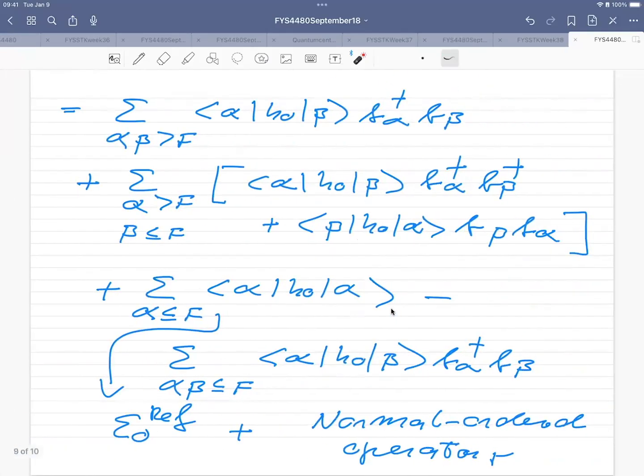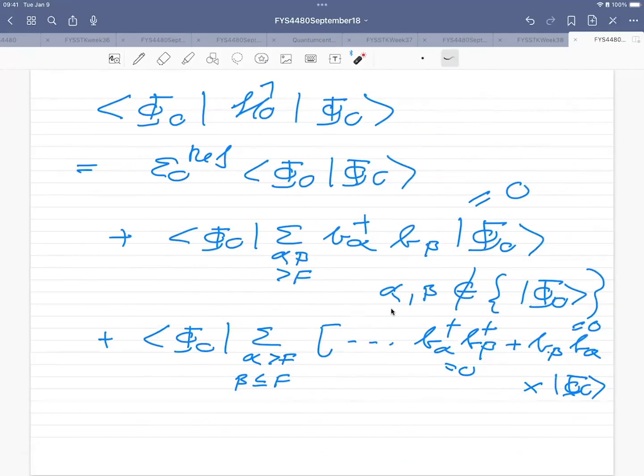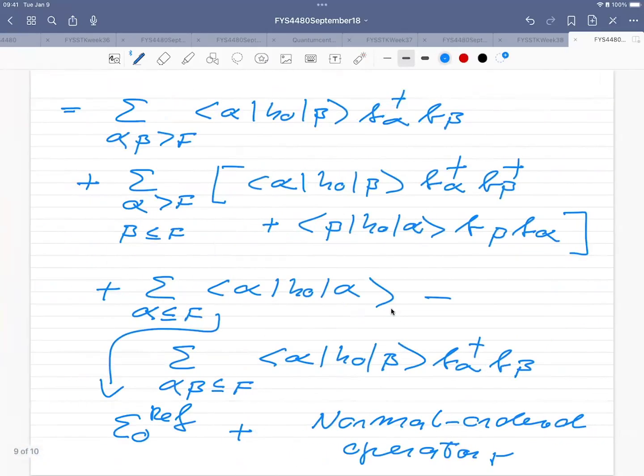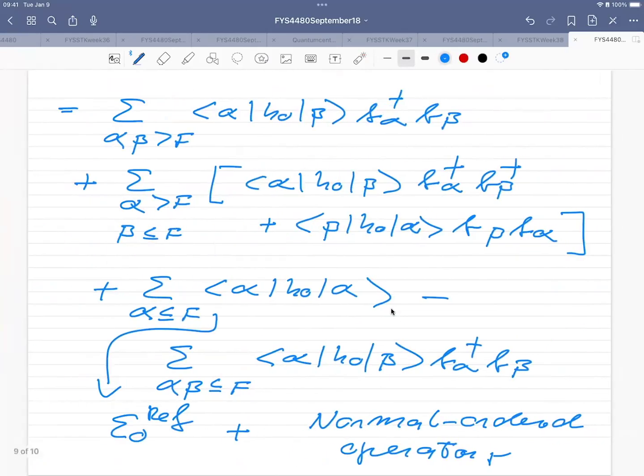So if we now sum up here, then we will also have a term which goes like minus, and then I have a phi 0, and I have a sum over alpha beta less than F. I'm just going to dot in the operator, and then I have a B beta. So if we look back at the expression which we have, I have a B alpha and B beta.